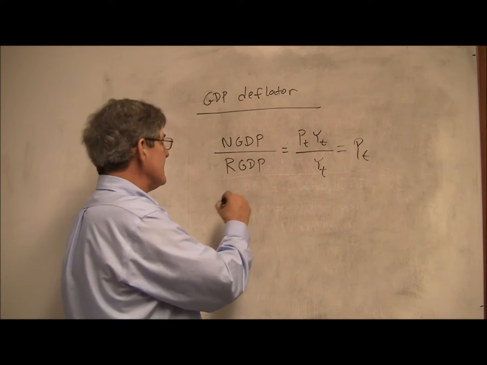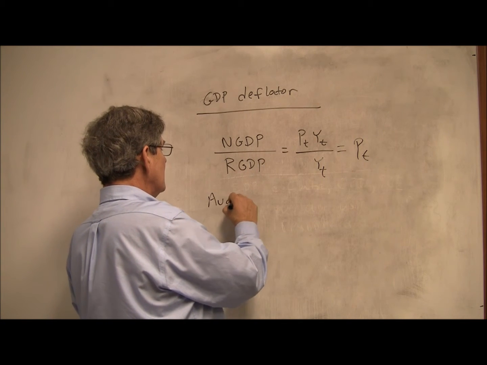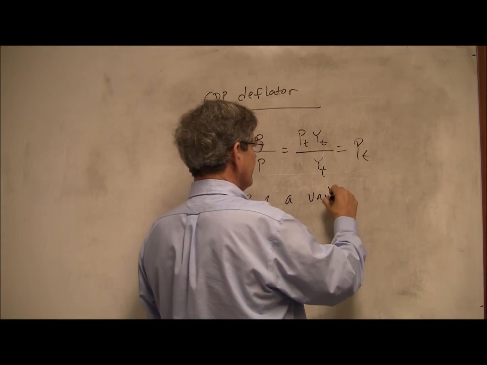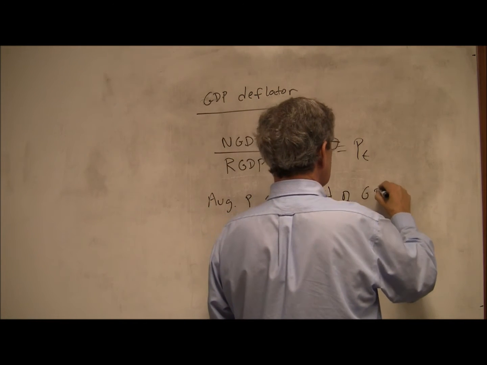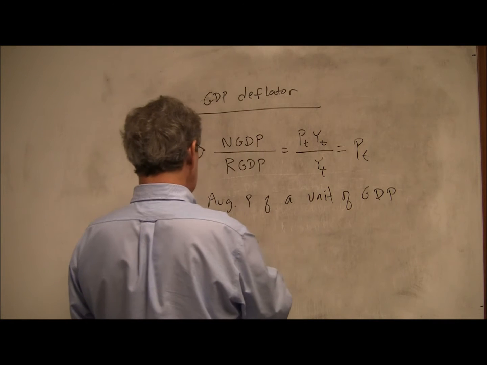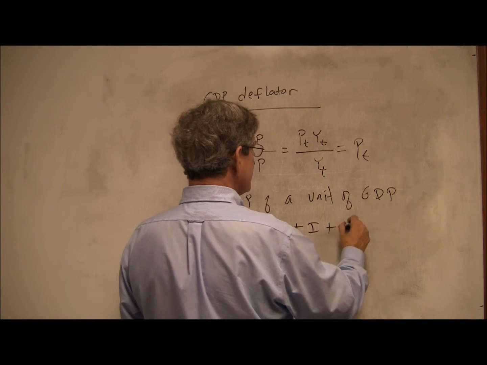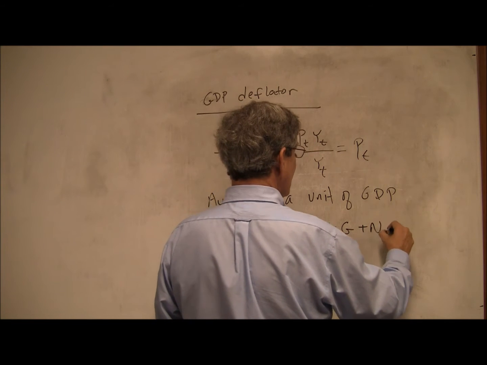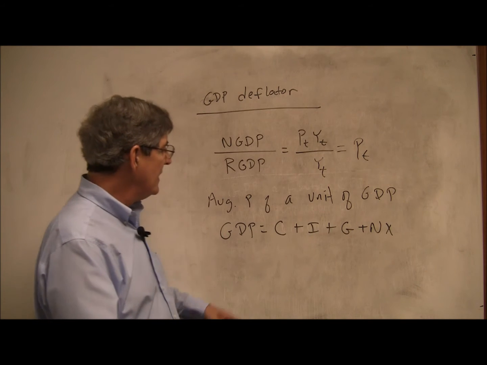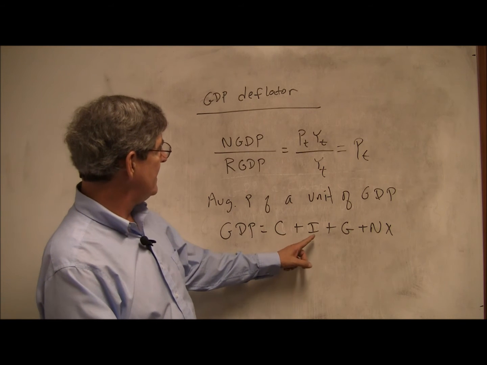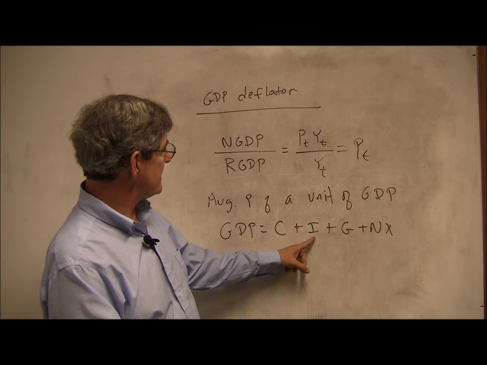Now what this is, it's the average price of a unit of GDP. And remember that GDP is C plus I plus G plus net exports. This is the amount that households spend. This is what businesses buy.